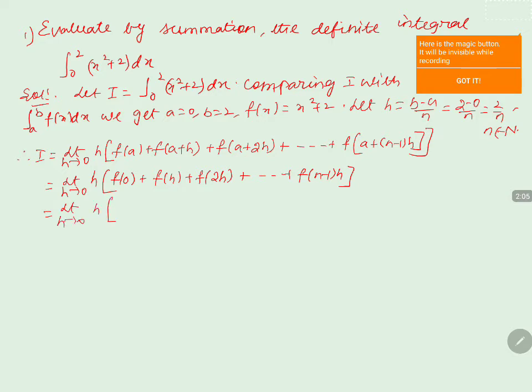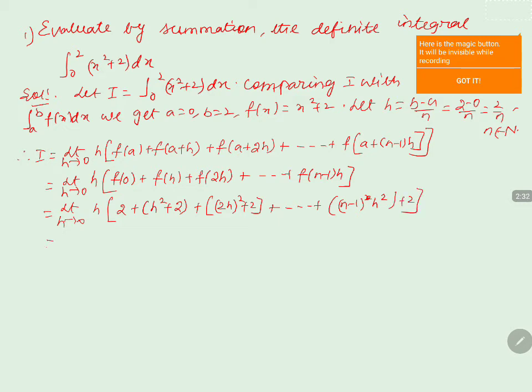Now we'll go for the next step such that limit h tends to 0, h will be written as it is. f of 0 is how much? 2, plus h square plus 2, plus (2h) whole square plus 2, plus so on plus the next one is ((n minus 1) into h) square plus 2.